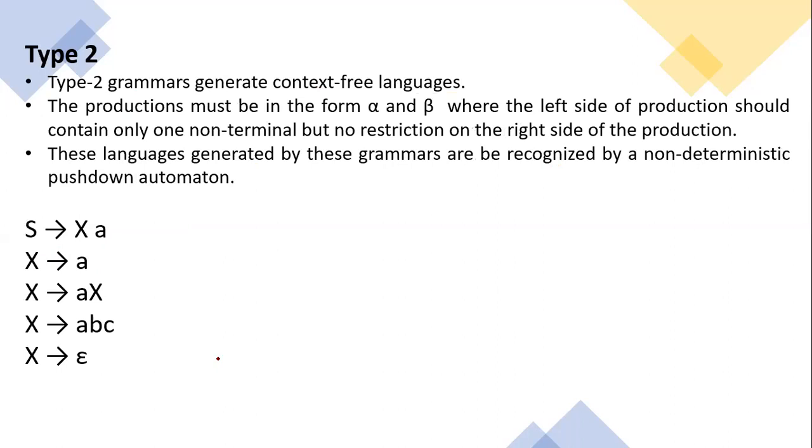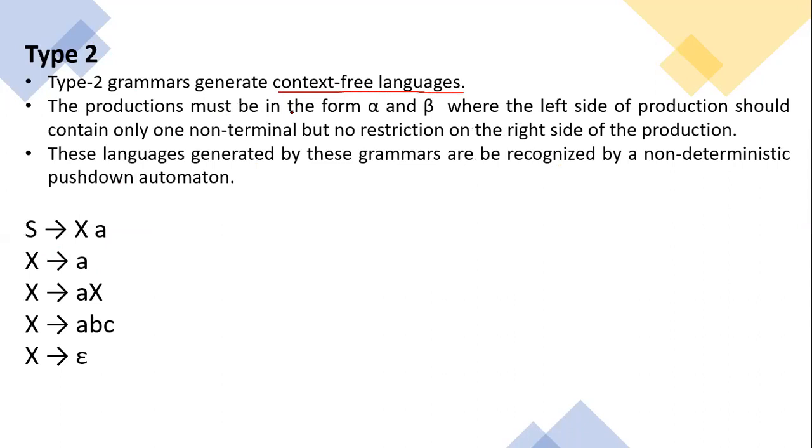And the next one is the type 2 grammar. This is the context-free language. We are going to see this only in the third unit. This can be recognized by push-down automata.